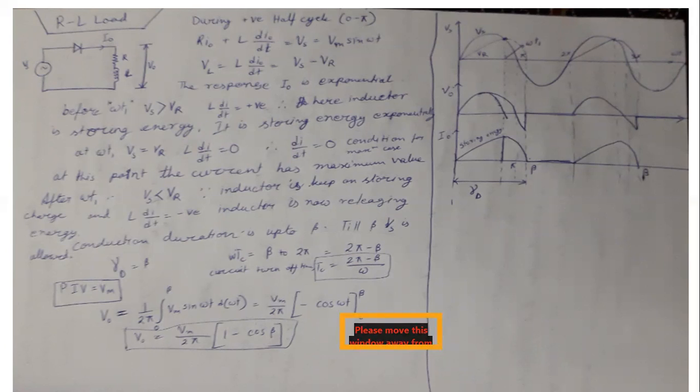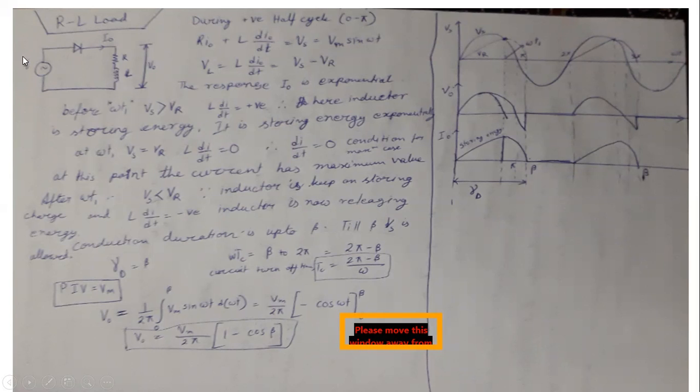In case of RL load, what will happen? Again in the same way, you can see that the supply is an AC supply and it is connected with a diode, a resistance and an inductance consecutively.